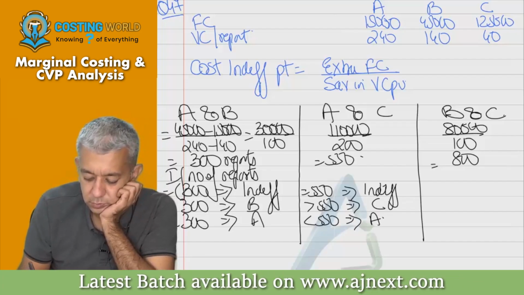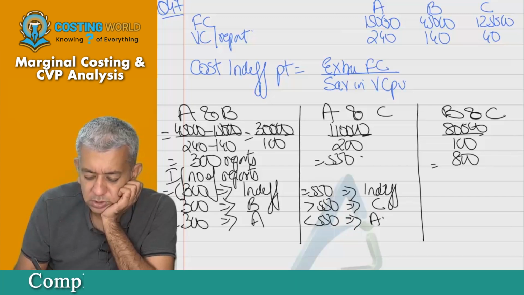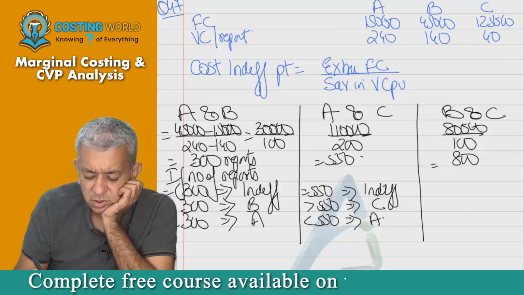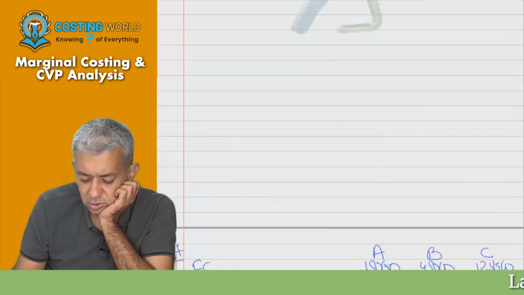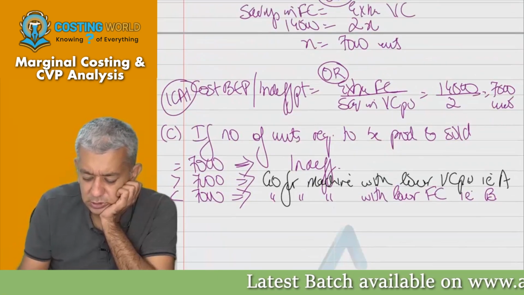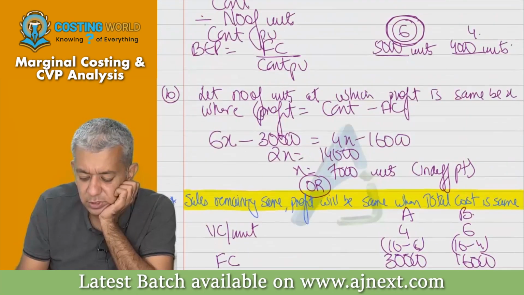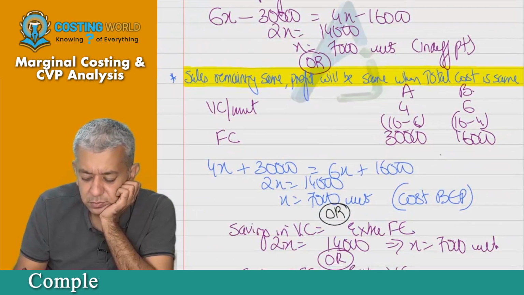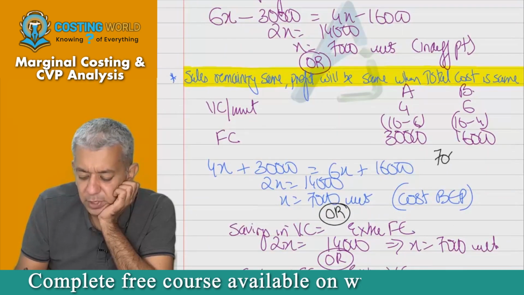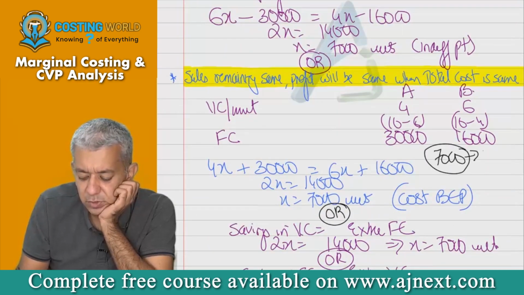Sir, can you explain how we get C and B? I'm getting confused with that. Greater than 300, you should take B. Less than 300, then you should take A. We did that in the last question. If you produce exactly 7,000 units, cost will be the same, correct?